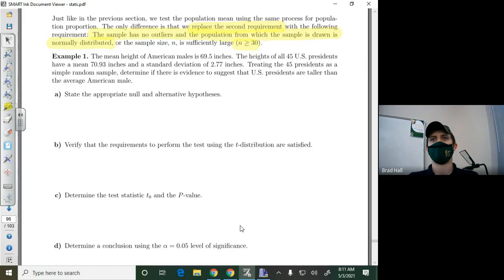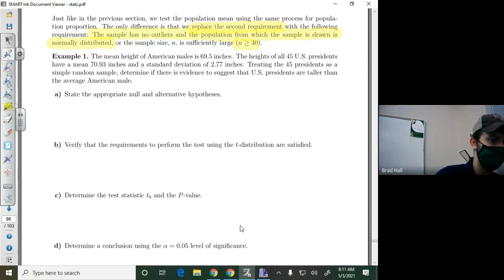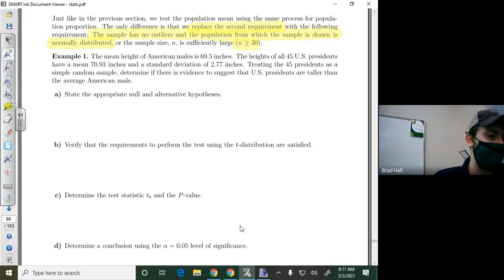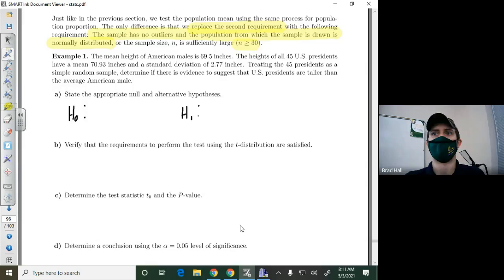Let's go ahead and see if hypothesis testing will verify this for us, if there's enough deviation between the two means for us to make an appropriate conclusion. Now, when we state the null and alternative hypotheses, that's still H0 versus H1. So I'll put those off to the sides.